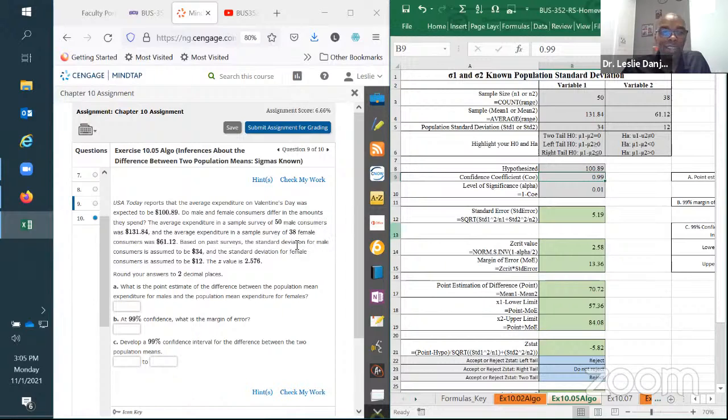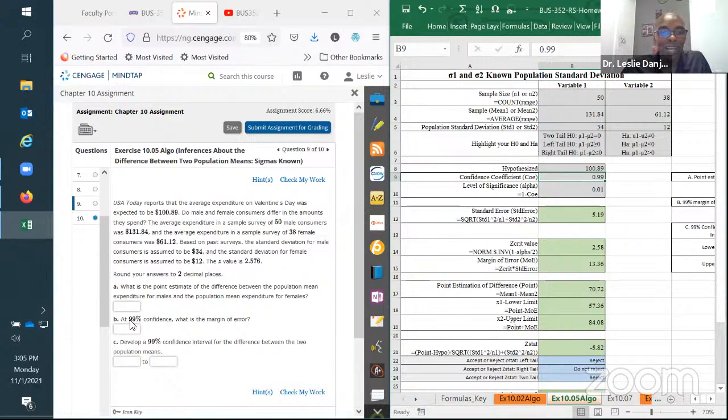Now in here, I'm going to look for anything that says greater than or less than. Expected to be this. This is the average. So therefore, I don't see anything that says less than or greater than. So I'm just assuming that this is going to be a two-tailed test.